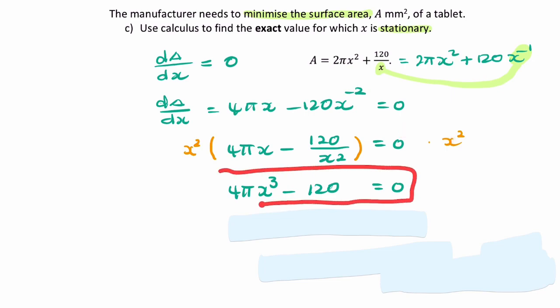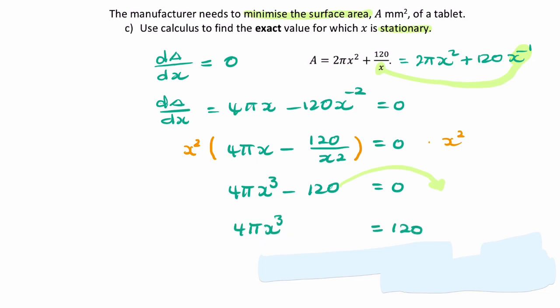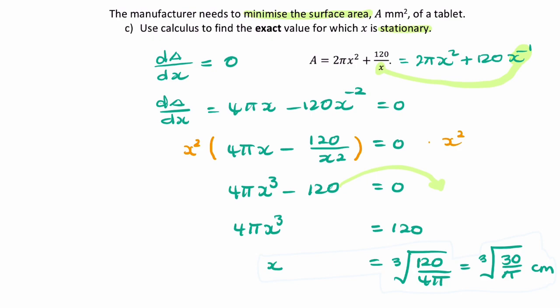So now we have a cubic expression, but that's easy enough to solve because we can move the 120 to the right side by adding 120 to both sides. And then we can simply divide by 4 pi and then take the cube root. So you get this expression. You can simplify that. 120 over 4 is 30.